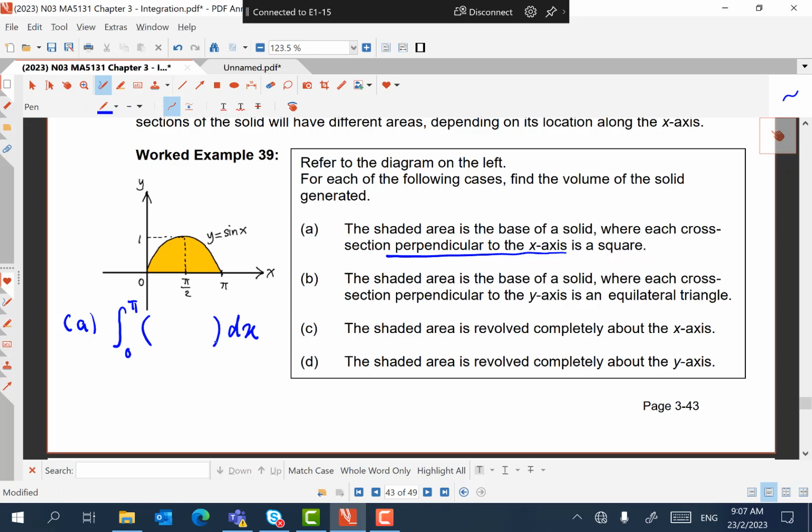Because the area is made up of squares whose cross sections are perpendicular to the x-axis, if I draw a line here, the square is formed like this, from here.